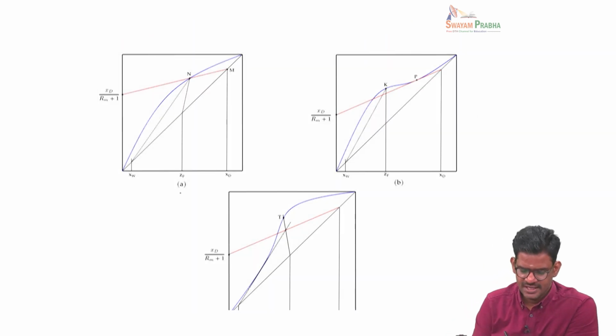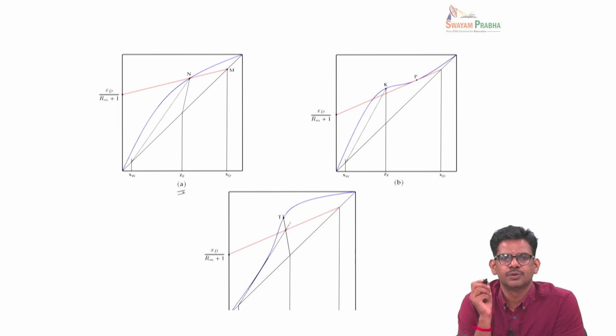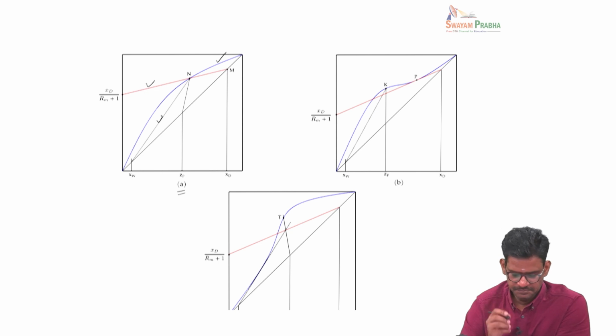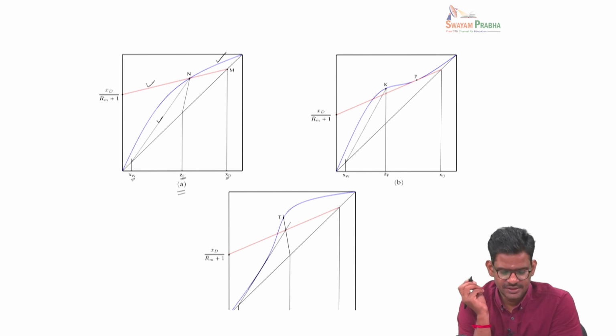Suppose you consider this case A. So we have the equilibrium line, we have the enriching operating line, and also the exhausting operating line. The feed composition, distillate composition, and the residue composition are all given.